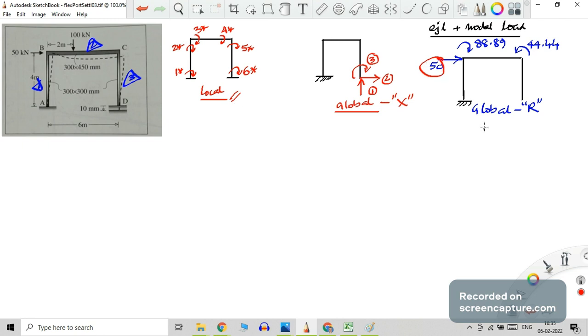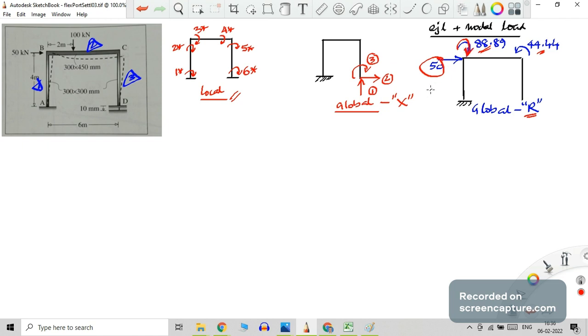So in the global R coordinate, we have used the EJL. The EJL 88.89: that is, 100 kilonewton is acting on BC, so 100 into 2 into 4 square by 6 square. That is anti-clockwise in a fixed beam. It's reversed, so this is clockwise. We have applied 88.89 as clockwise.